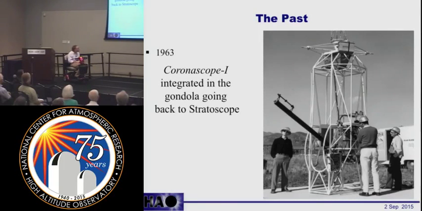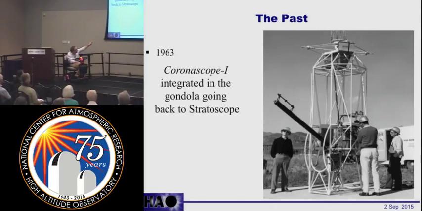Here's the past. This was the Coronascope 1. The rod that is sticking out of this gondola is actually the guide telescope, the finding telescope for the sun. You see this 3 occulter contraption there on top.